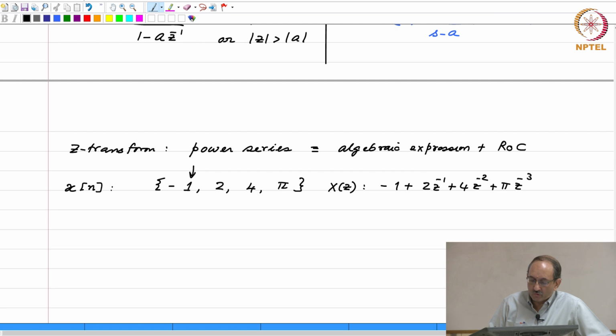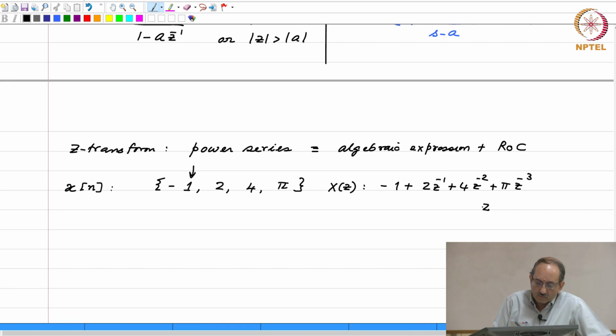And for what values of z is this expression valid? So, in the previous example when we saw a to the n u of n, we found that that was valid only for mod z greater than mod a. So, here is a simpler example, and this is valid for what values of z?